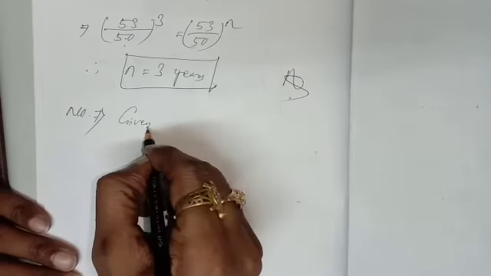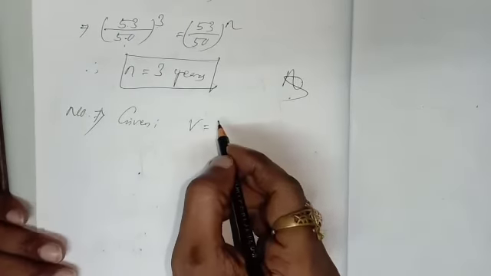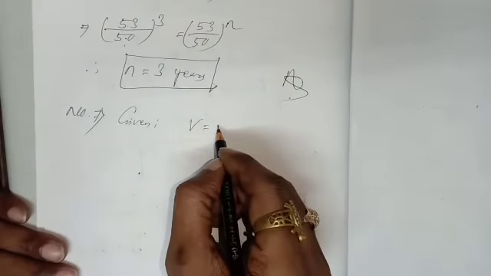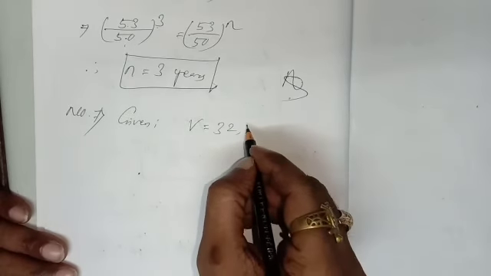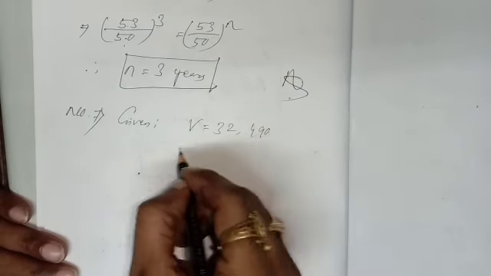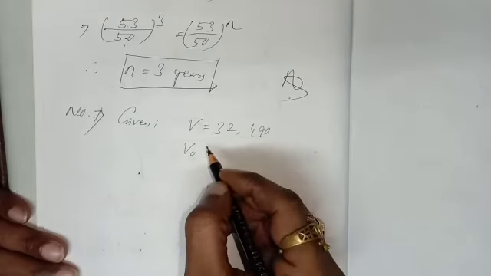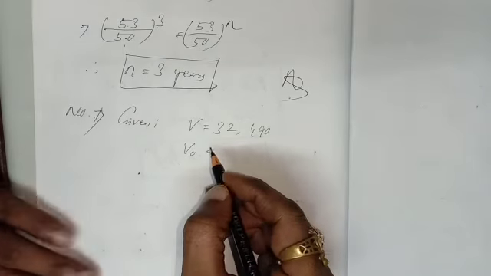In this question, first you write V is equal to the final value, rupees 32,490. Present value V0 is given, 25,000.